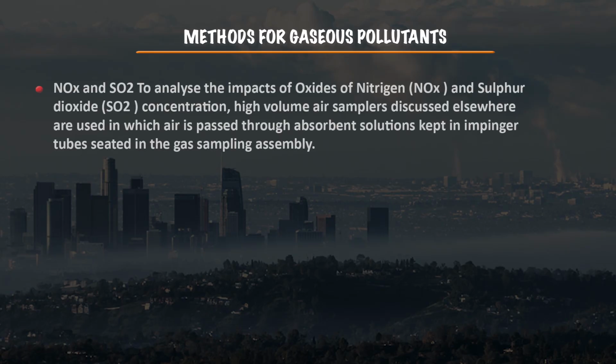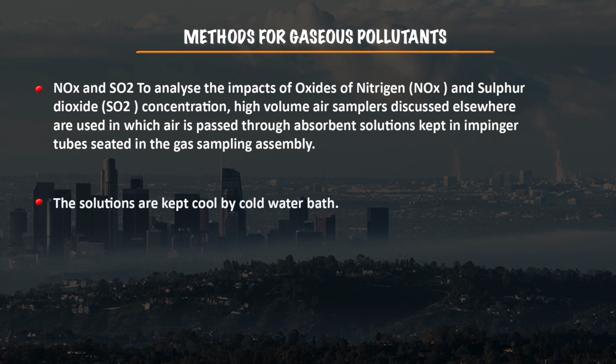There are also some methods for gaseous pollutants like NOx or SOx. To analyze the impacts of oxides of nitrogen and sulfur dioxide concentration, high volume air samplers are required. They are used where the air is passed through absorbent solutions kept in impinger tubes seated in the gas sampling assembly.